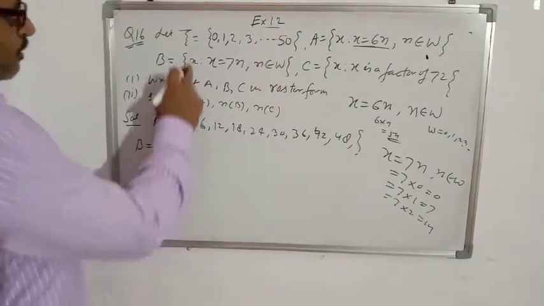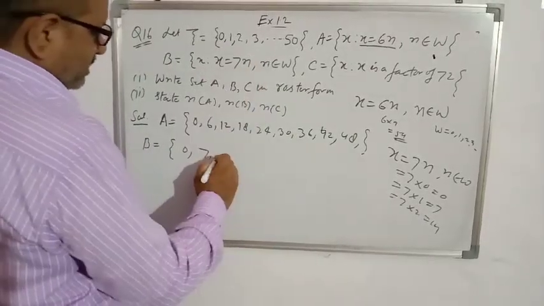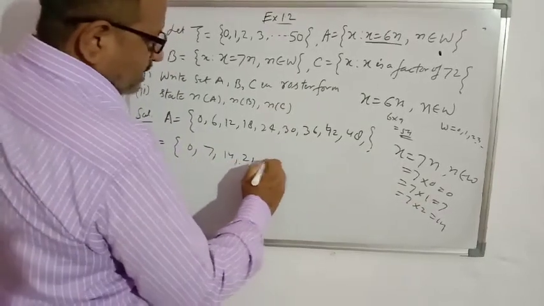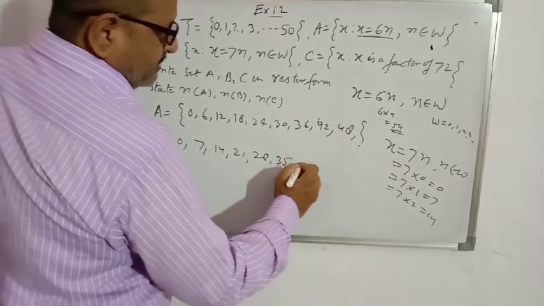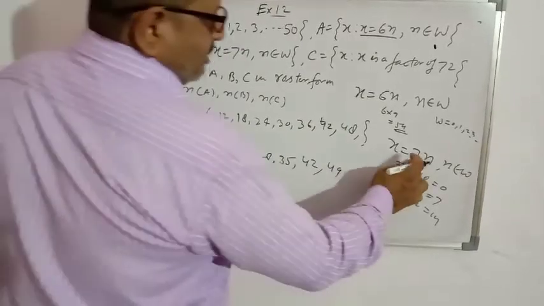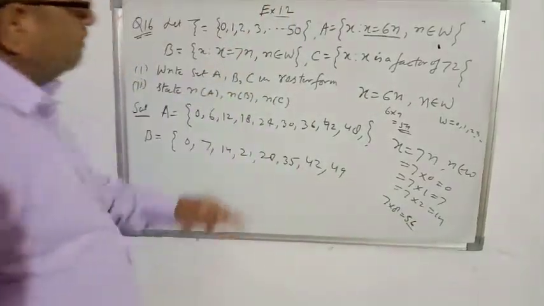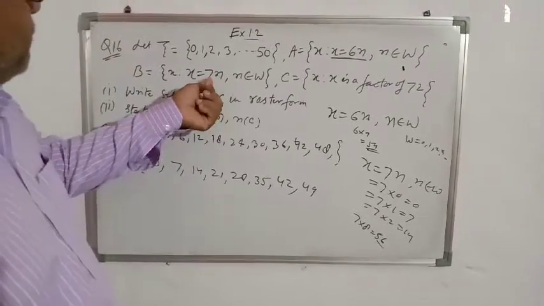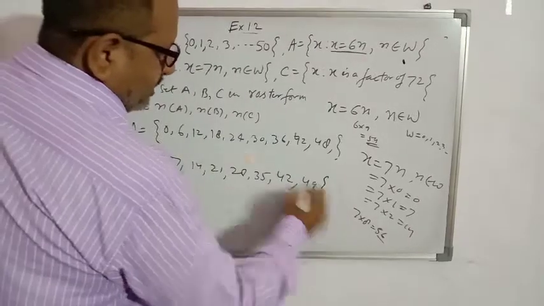So 0 also lies in the universal set. 7 also lies in the universal set. 14, put 3 here, 7 3s are 21, 7 4s are 28, 7 5s are 35, 7 6s are 42, 7 7s are 49. If we put 7 into 8, it will be 56. But 56 does not lie in the universal set. So we have to take all the multiples of 7 from the universal set. So up to 49 we have to take for the set B.